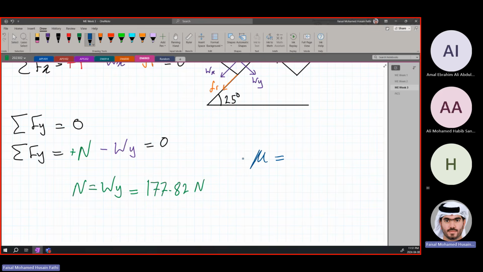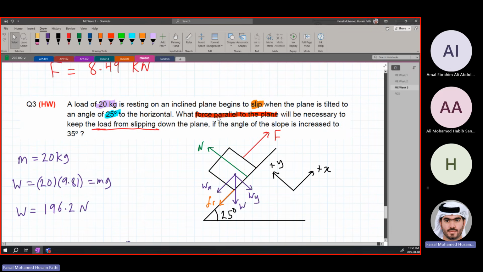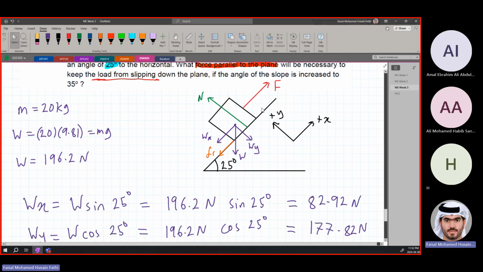Mu is going to be equal to the tangent of theta. This is just the rule, where theta is the angle of the incline. Why? Because in the question itself they mention that this is the angle at which it will begin to slip. Okay, so this is the rule you're going to use.